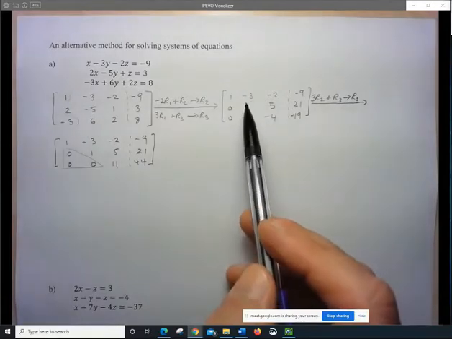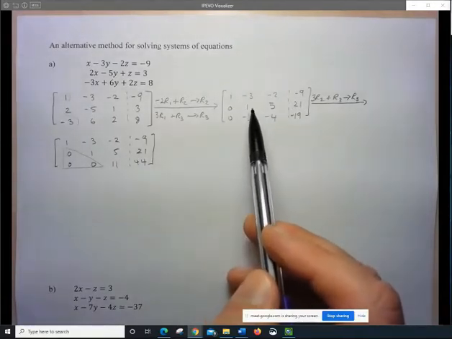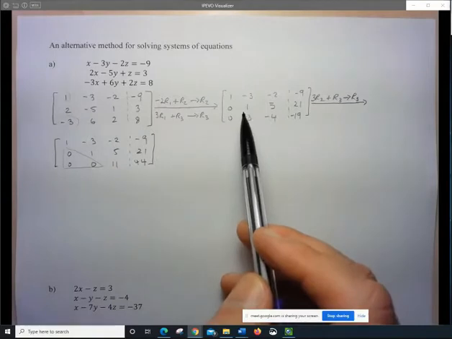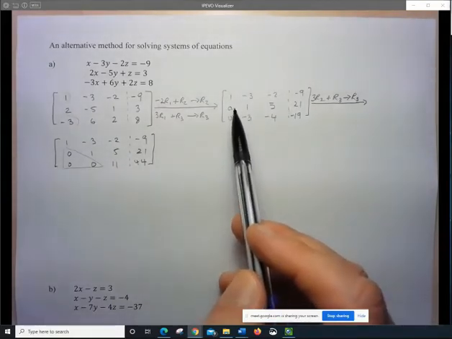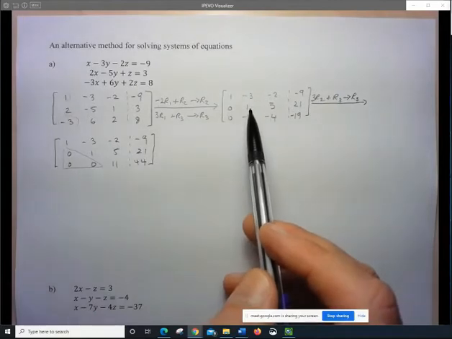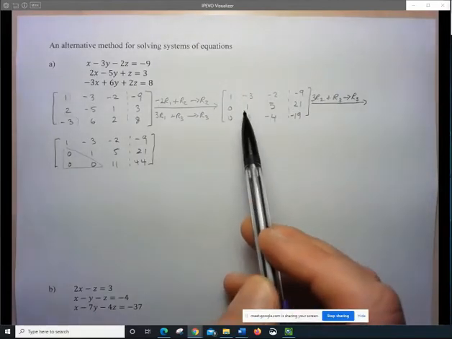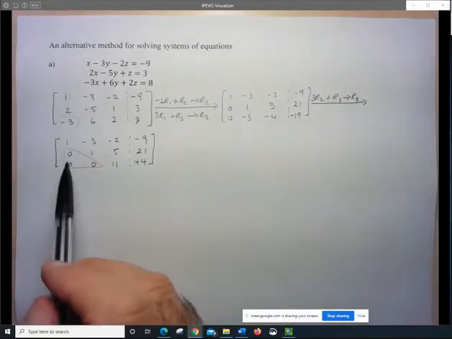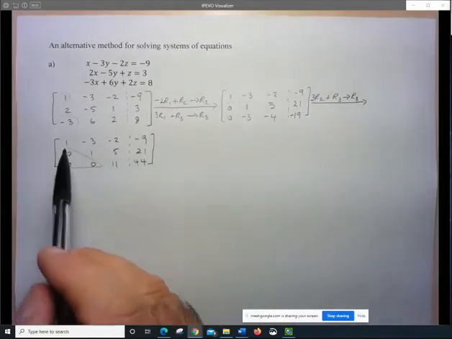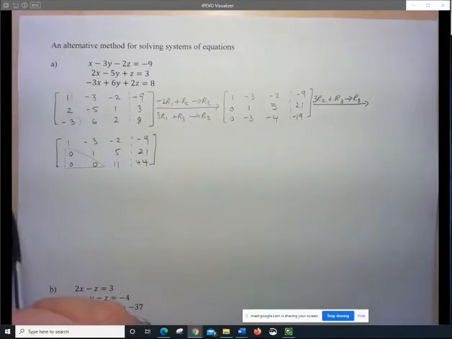But even if I had a 2, I could just multiply both rows. Okay, I could have just done, say this was 2, I could have done 3 times R2 plus 2 times R3. I would have still been able to eliminate that there. So your goal is to get this triangle of zeros in the bottom left.